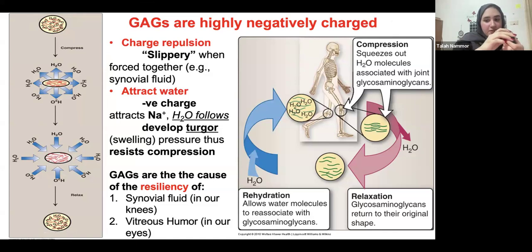And since they're all negatively charged, they're not going to collapse, relax. There's going to be some repulsion in between. So this will prevent the two bones from collapsing into each other. All right? And then the water is going to just come back in when we relax. Is it clear?